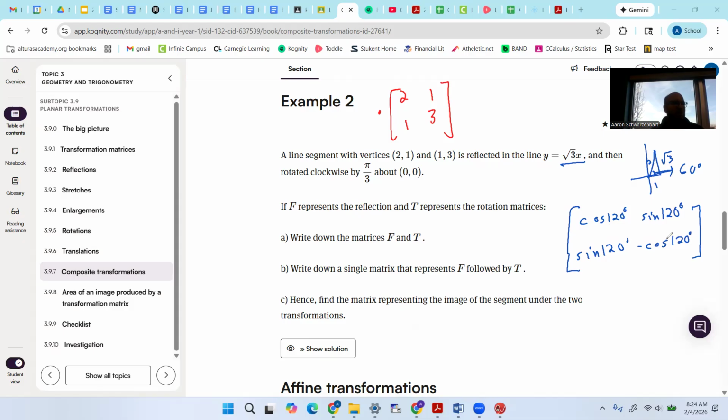Well, that's 2 pi over 3 as the angle, but the cosine of 120 is negative half. The sine of 120 is square root of 3 over 2. And yes, having the unit circle memorized makes this go faster. You certainly could use a calculator, though.